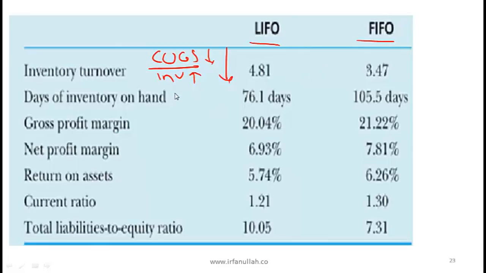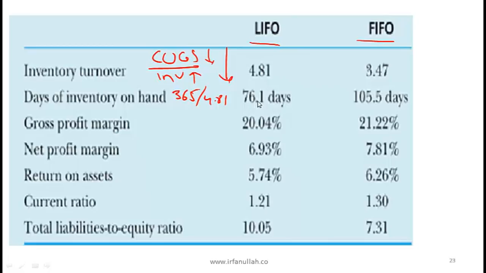This is again testing your recollection from Level 1. What's the days of inventory on hand? What's the interpretation and what's the formula? It is 365 divided by 4.81. I found this a little amusing. I did this and I didn't quite get this number.